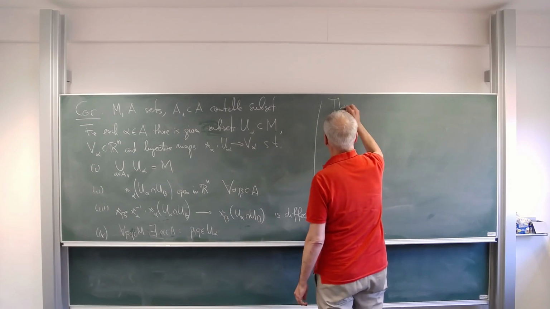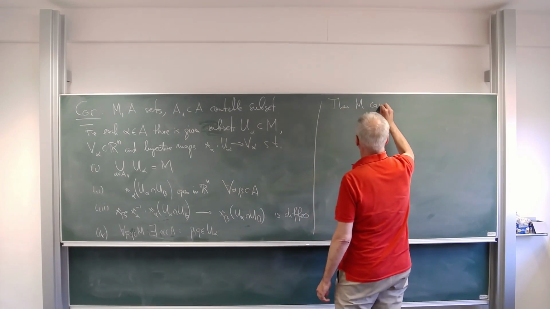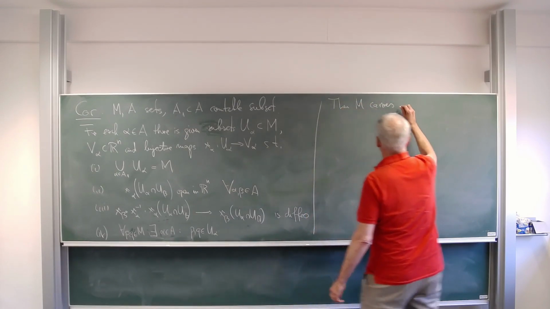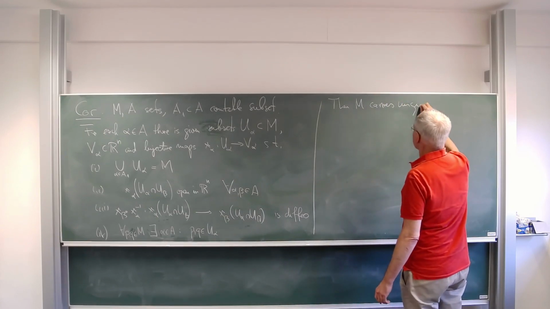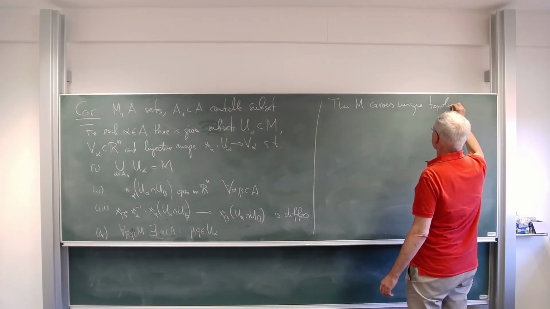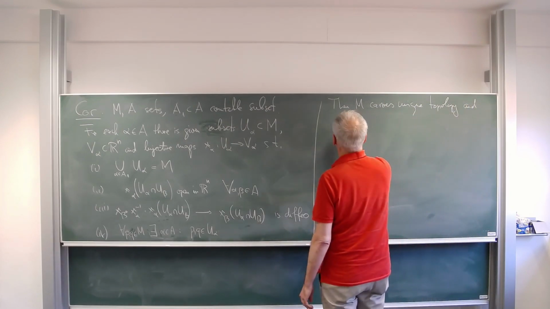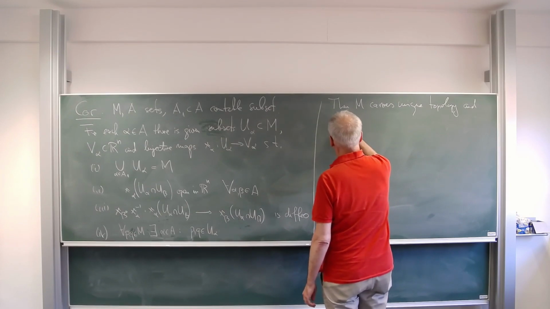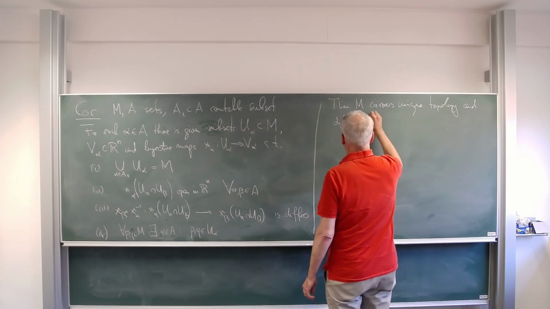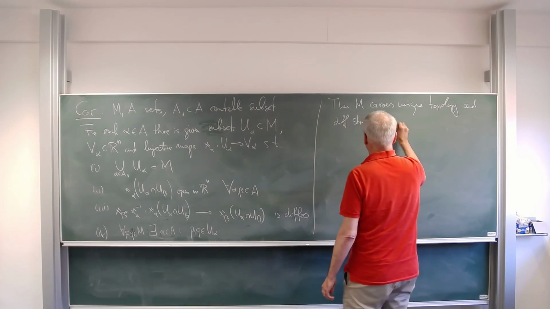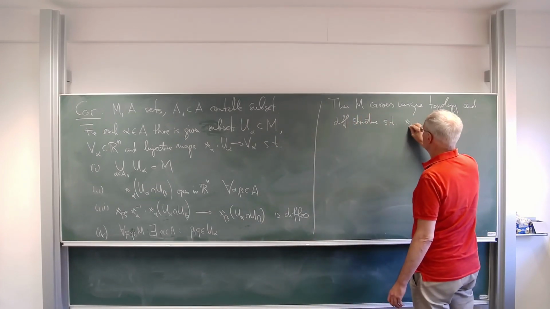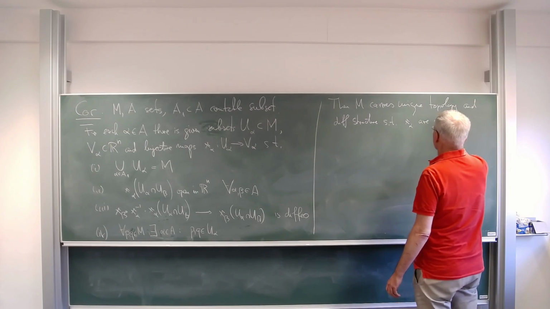Then M carries a unique topology and a unique differentiable structure such that the X alpha are smooth charts.